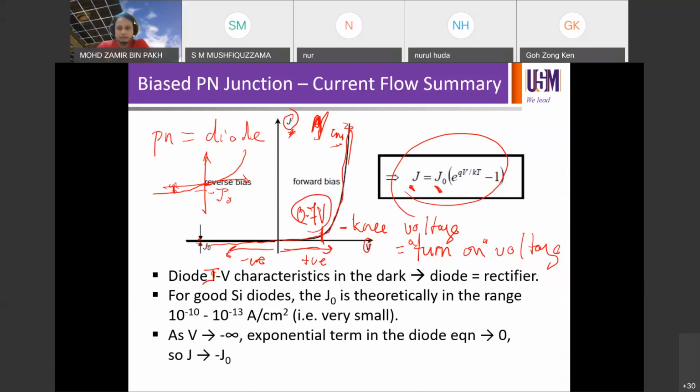In the dark, the diode is a rectifier. Apa maksud rectifier? What is a rectifier? You learned from electronics, right? Anyone? Diode as rectifier. Apa maksudnya rectifier tu? AC DC. Okay, elaborate a little bit.